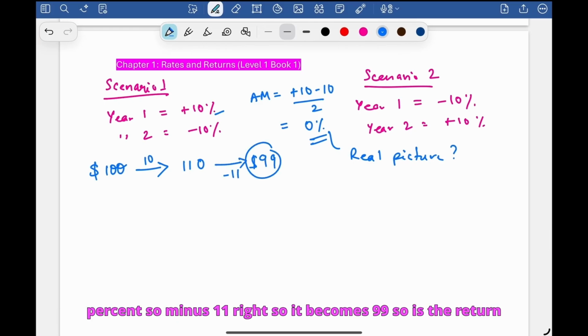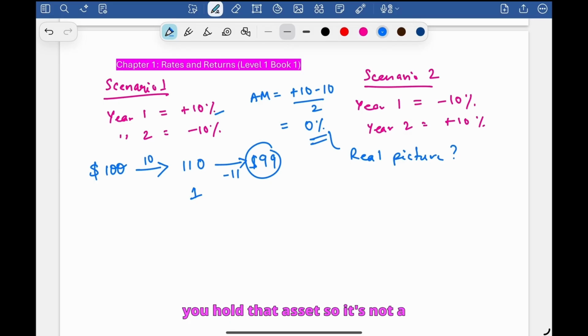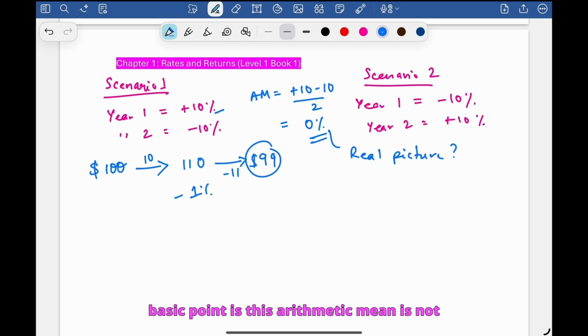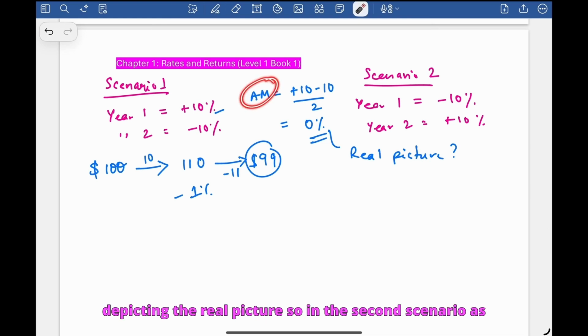So is the return actually 0? No. You have lost 1 rupee, or you can say there is a 1% decrease in return, when you hold it as is. So it's not a geometric mean, but you get the idea that the basic point is this: arithmetic mean is not depicting the real picture.